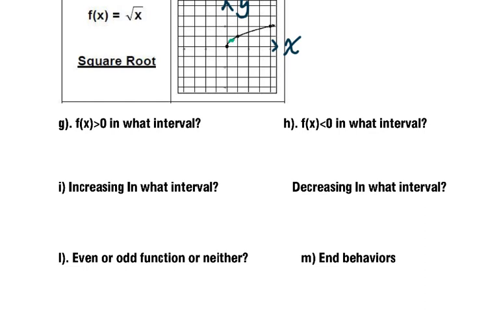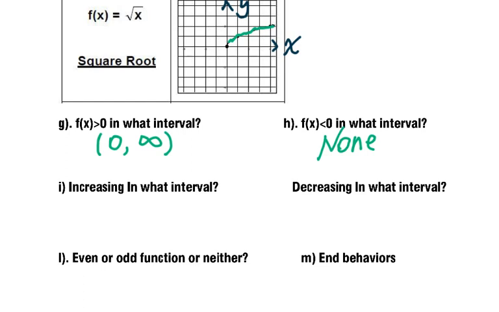So basically, this is the graph above the x-axis. Above means not including the origin. So the interval will be from 0 to positive infinity. No part of the graph is below the x-axis, that's why it's none.